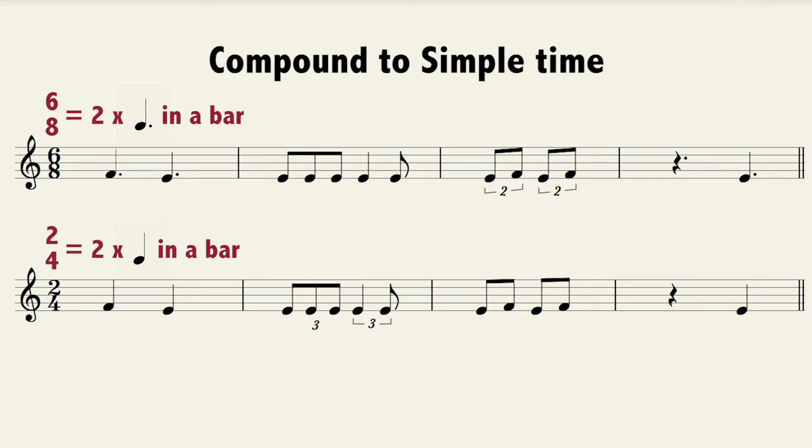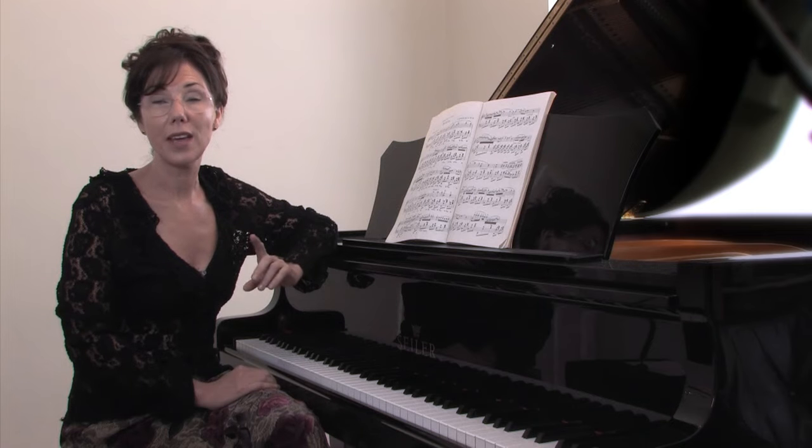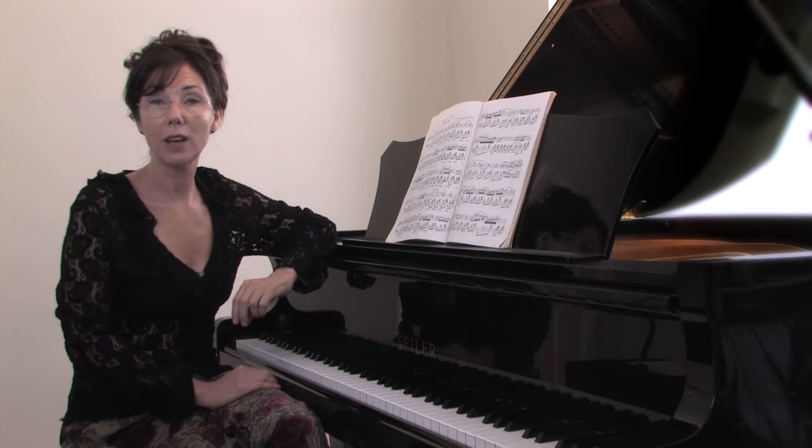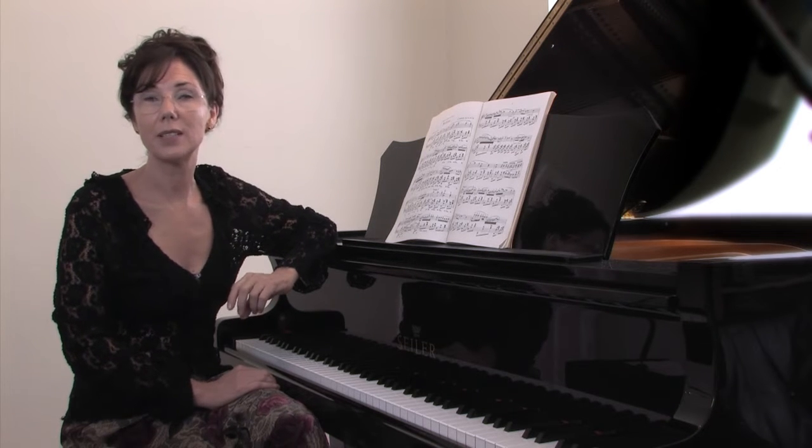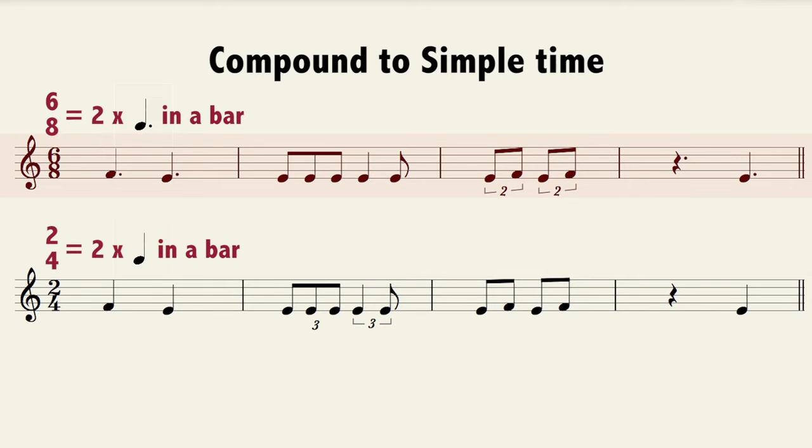Circle the dotted crochet beats. Either do that with a pencil or do it in your mind, but be very accurate and be very sure where those dotted crochet beats are. Then we want to look for a similar time signature but in simple time. So in compound time we have 2 beats in a bar, they're dotted crochets.